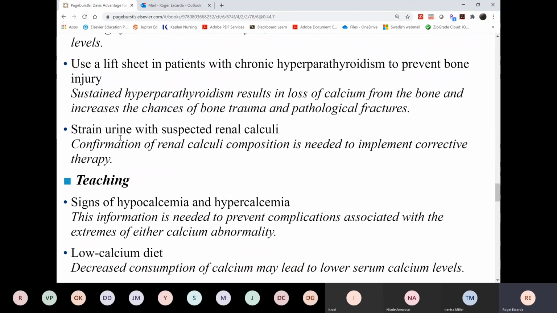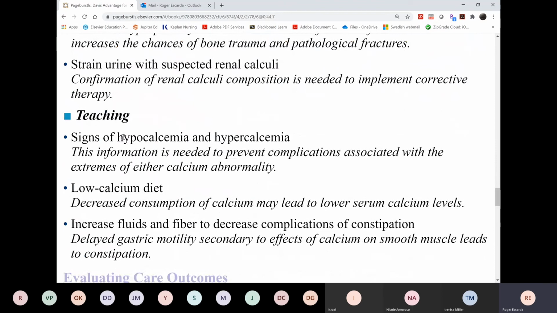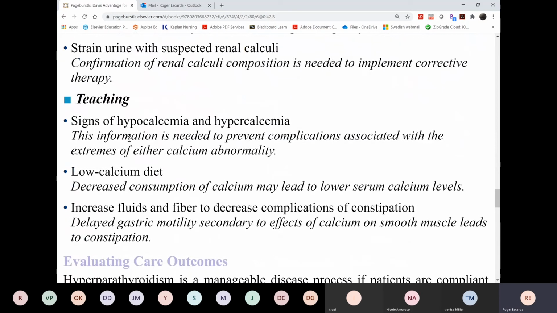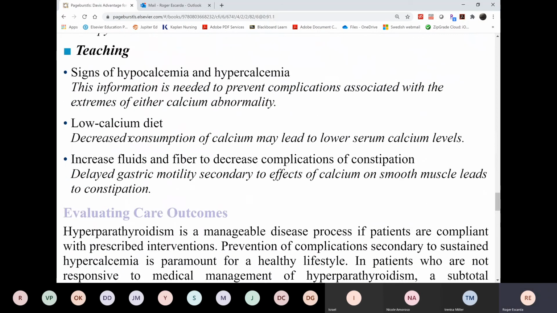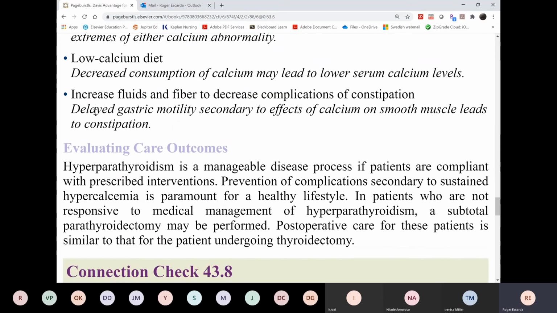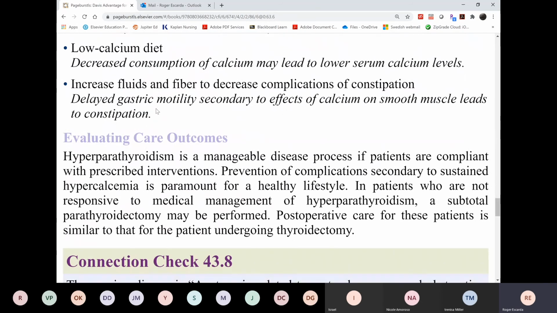Make sure we monitor for those formations or whether or not they passed it. And teaching. So calcium's already high, so we give them a low calcium diet. Then because of the constipation, you have your fluids again and fiber in the diet. And that's it.